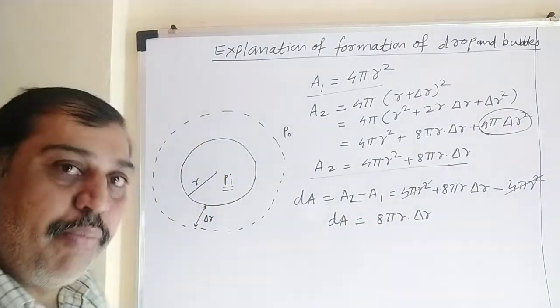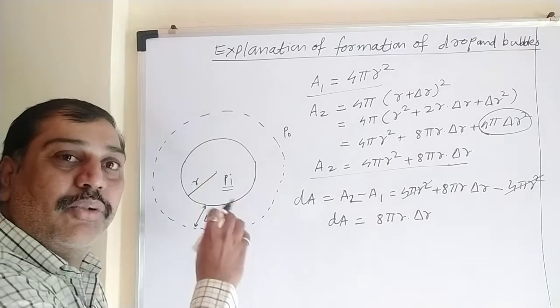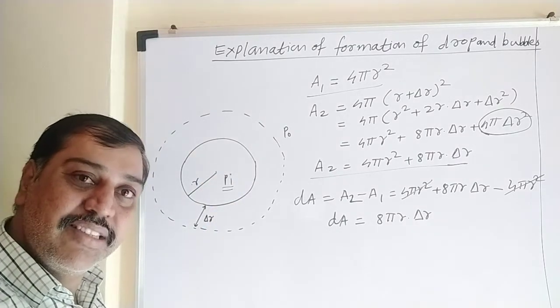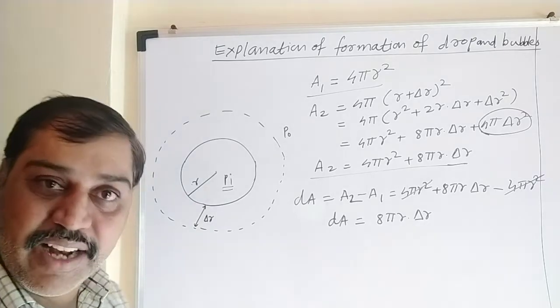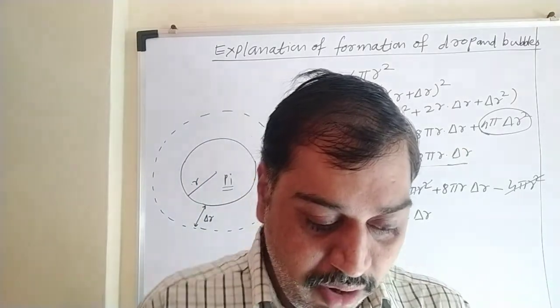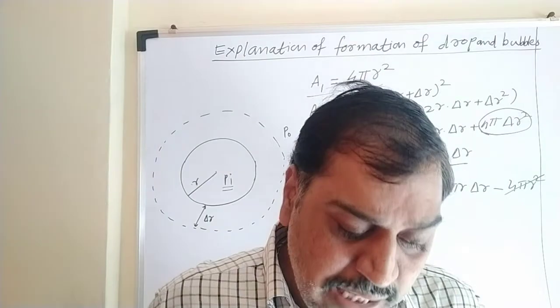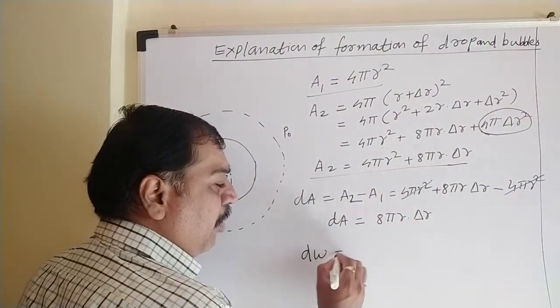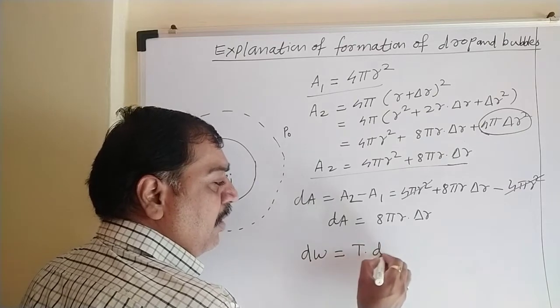Whatever pressure we have blown inside so that its dimension increased, that work done we have applied is stored in the form of surface energy. If you remember, we have already derived an equation for the work done applied: dW equals T into dA.